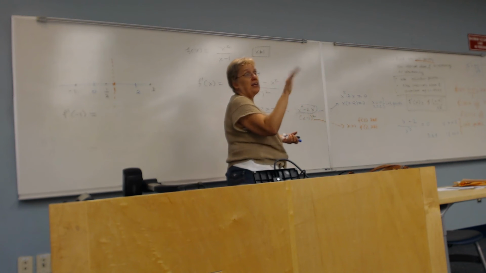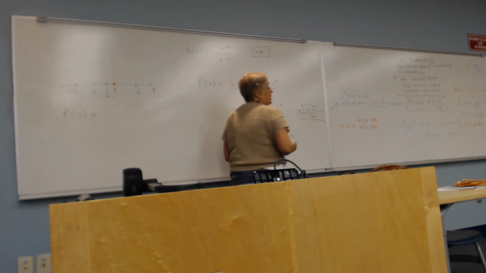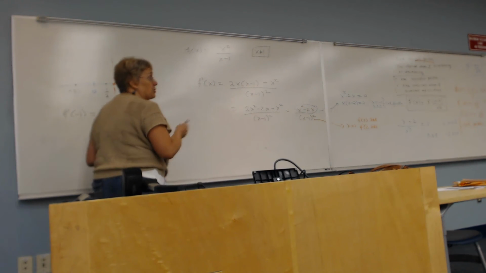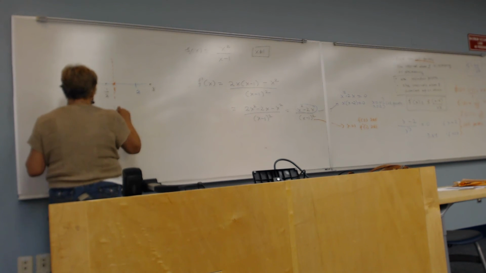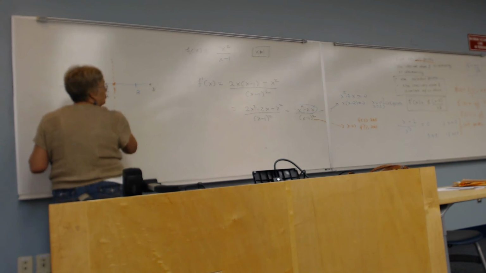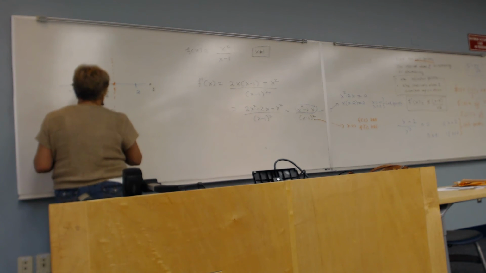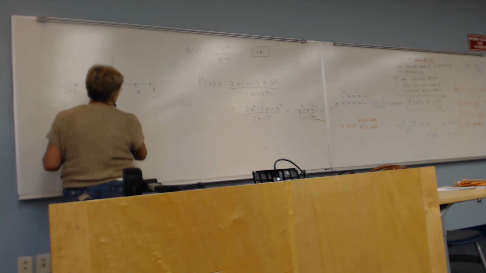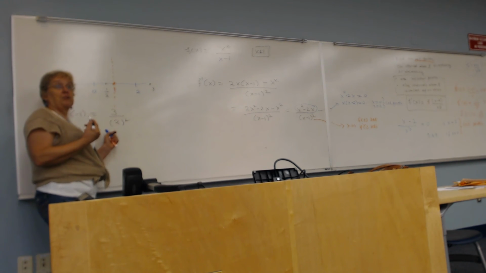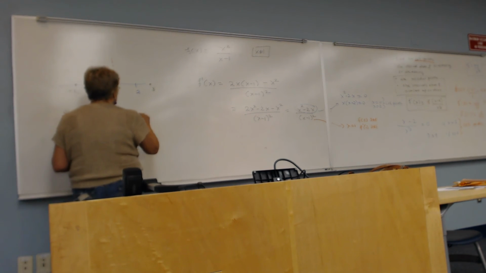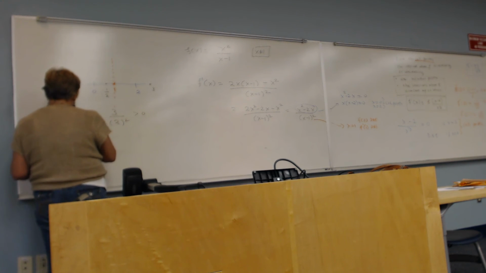I can ignore what's going on down here because it's always positive. So f prime of minus 1 would be 3 over 2 squared, but that's not going to change anything. Anyway, that's positive.